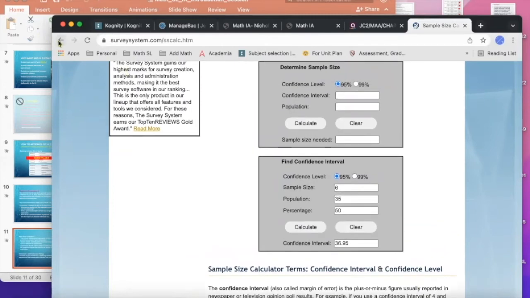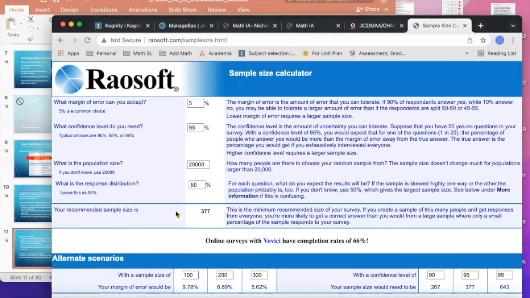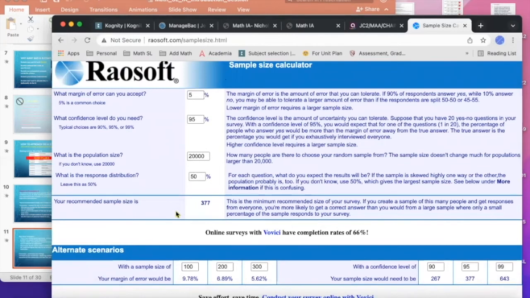I usually use Survey Monkey. That is easier. What confidence level, what's the response? Okay, try this. That's very high. 3180. Ooh.